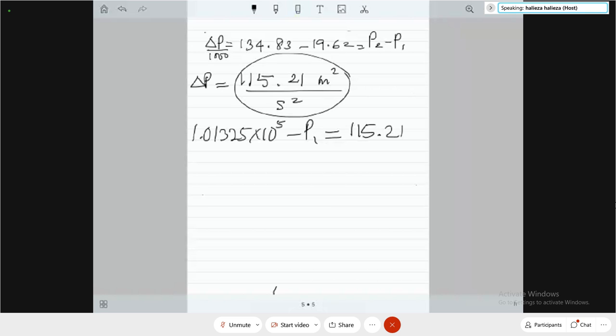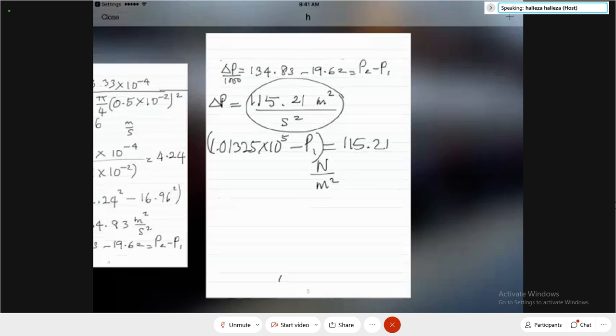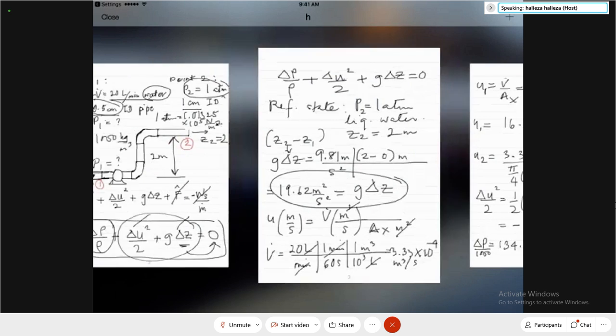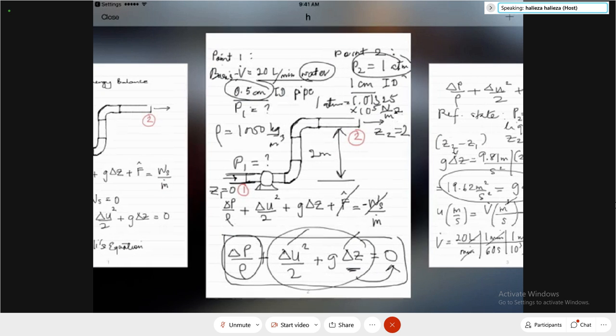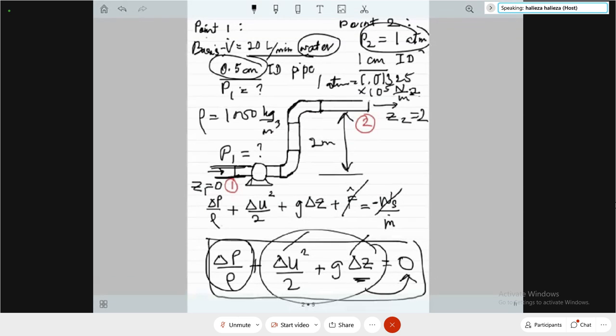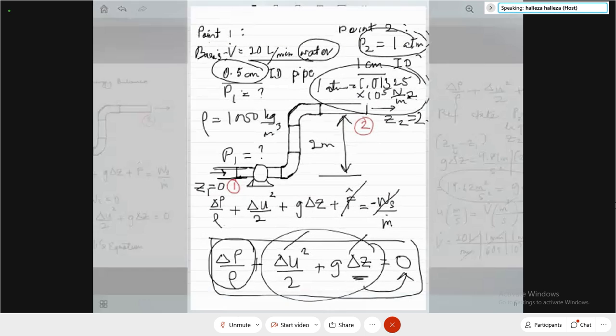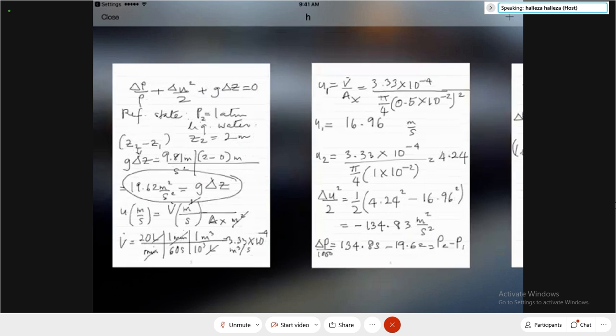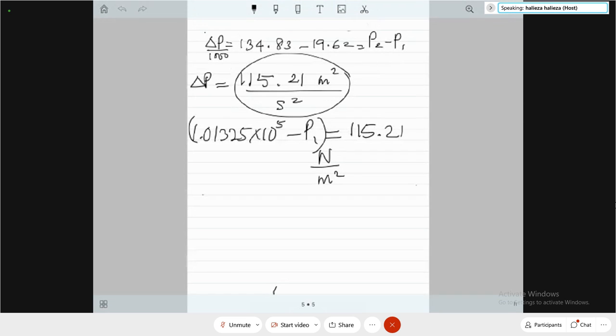Because the unit over here is Newton. What was the unit now? Newton meter square, is it? Let's check. Okay, Newton meter square. Yeah, that's the unit. So everything must be in Newton meter square.